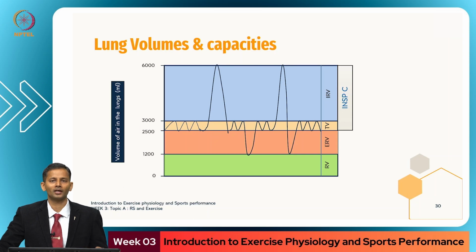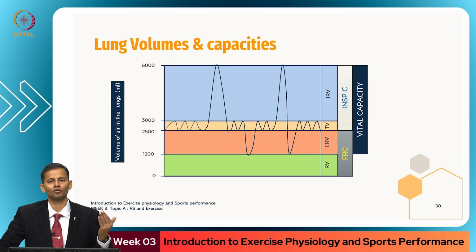So with respect to the dynamic, the tidal volume plus IRV constitutes the inspiratory capacity. The functional residual capacity is the expiratory reserve volume with the residual volume together. The vital capacity is during a forced inspiration followed by a forced expiration.